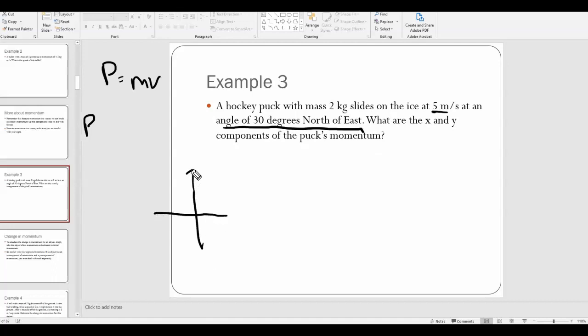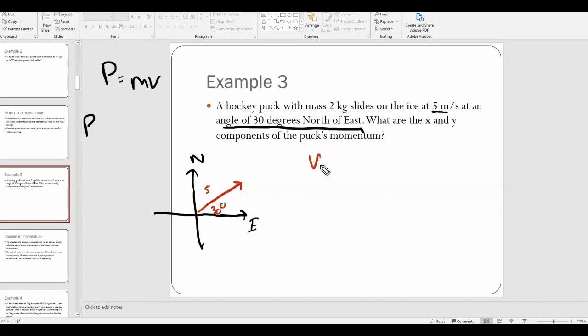So for example, let's say I draw a simple coordinate system. Let's say this is east, this is north, and let's say I have my velocity vector 30 degrees north of east, something like this. 30 degrees, and the magnitude is 5 meters per second.